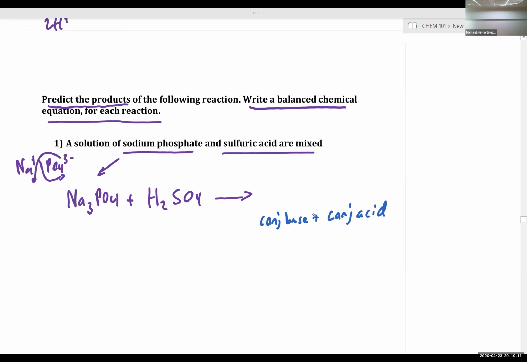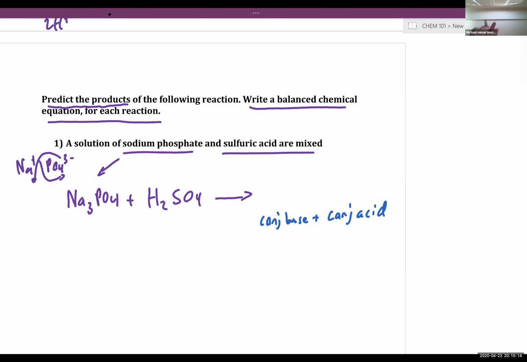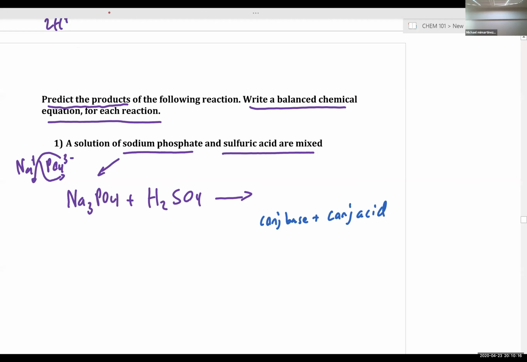We generate a conjugate base and a conjugate acid. So just thinking through, what is the conjugate base of sulfuric acid? What happens if we get rid of all the protons on sulfuric acid? What's the conjugate base of sulfuric acid?